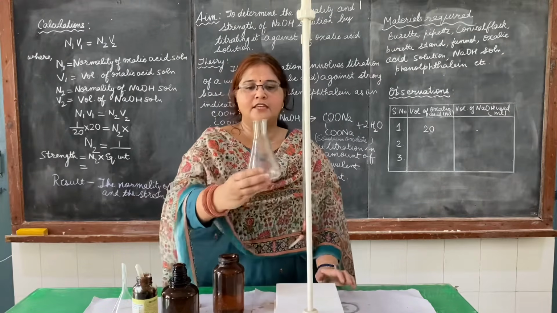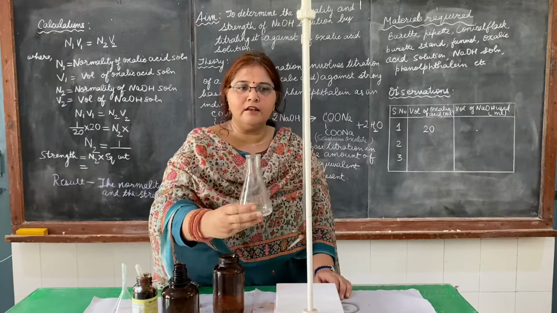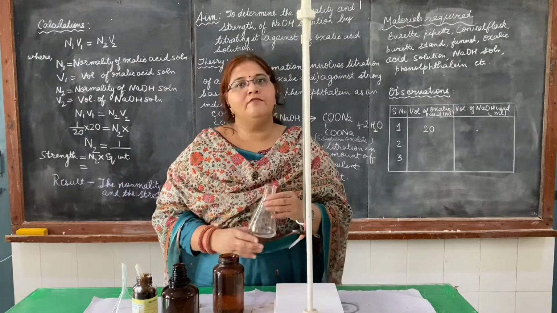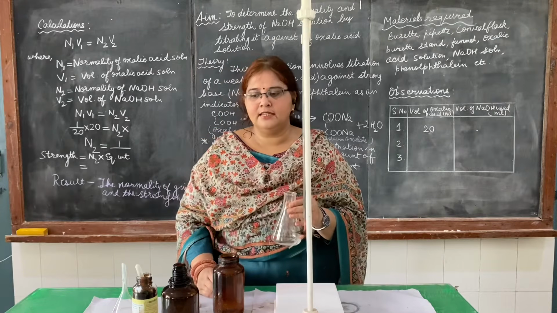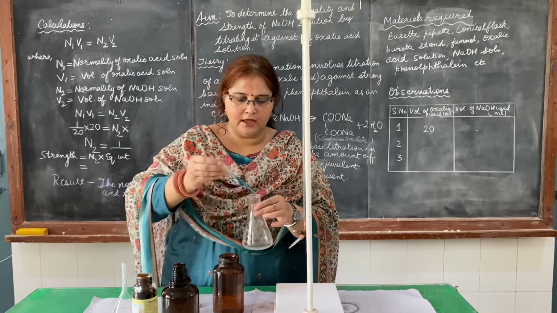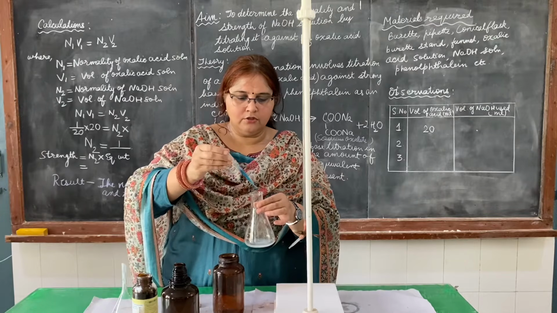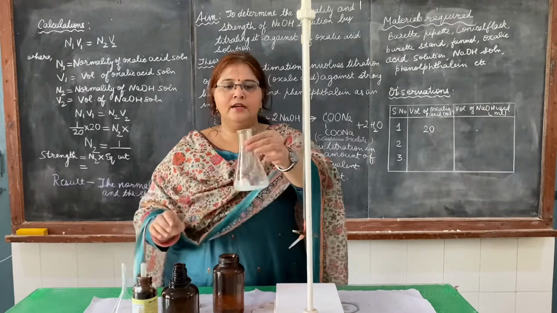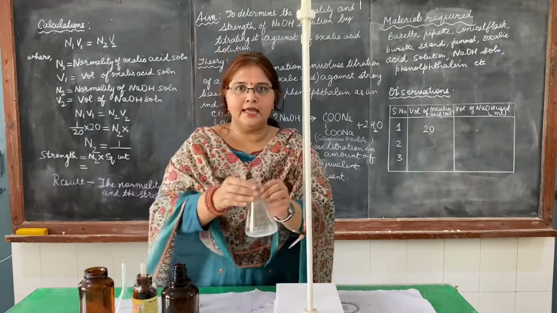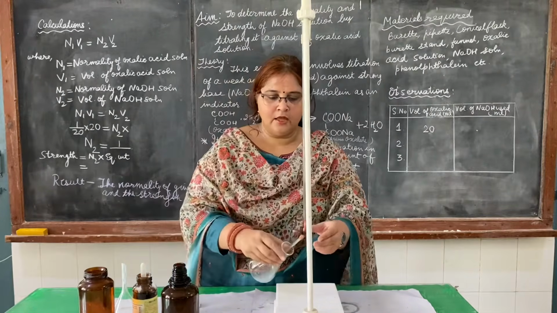Now we have taken the oxalic acid in the conical flask and NaOH solution in the burette, and now we will add the phenolphthalein as an indicator, 2 or 3 drops. Over here I have put in 1, 2, 3 drops. Now I'll start titrating it against NaOH solution.